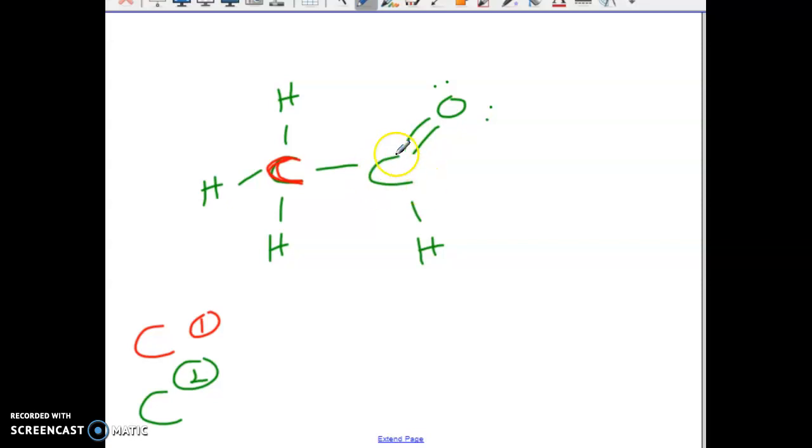So let's look at this green carbon. There are 1, 2, 3 elements bonded to it. So we have 3 elements and no lone pairs. Remember, the double bond is considered to be the same as just one bond here, because you're really counting the number of elements that are bonded, right? So this would be AX3, no lone electrons.